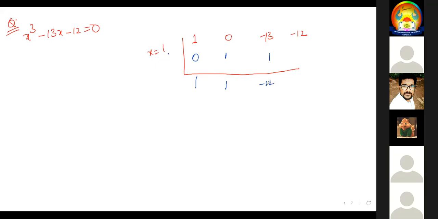Addition gives minus 12, so it is not 0. So 1 is the wrong answer. Now do with 2. 1, 2s are 2. Add, 2. 2 2s are 4. Add, it's minus 9. Minus 9 2s are minus 18. Here also 0 is not coming.